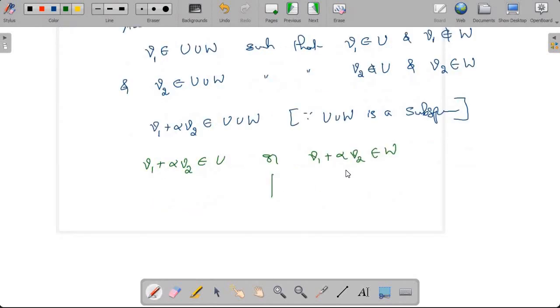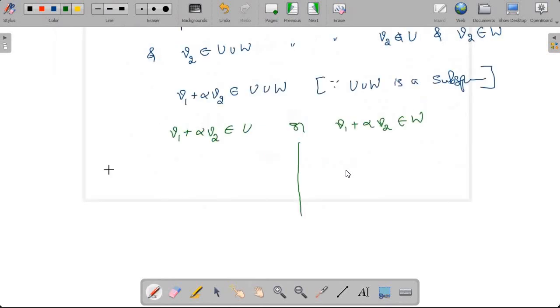Okay, so let me go with the first case. Suppose it belongs to U, right? So if it belongs to U, and you know V1 is an element of U, V1 is an element of U, and V1 plus alpha V2 is also an element of U, and you know U is a subspace.